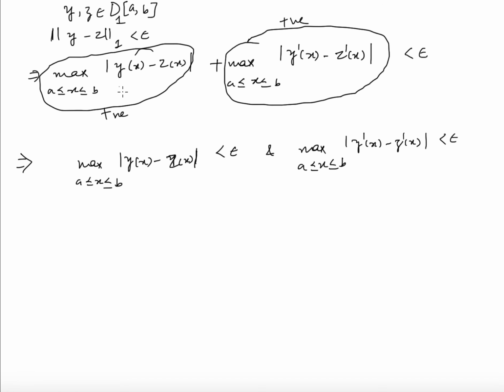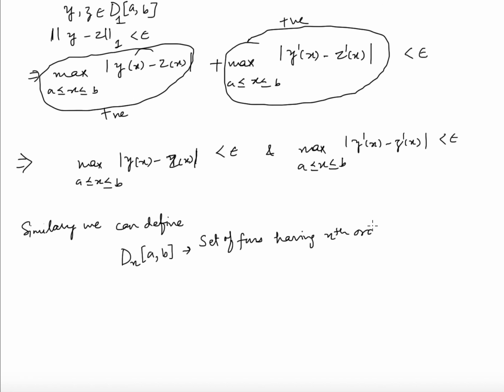Okay, and similarly we can define higher order spaces, like Dn[a,b]. What is this? This is the set of functions having nth order continuous derivatives. And how do we define the norm in this case?